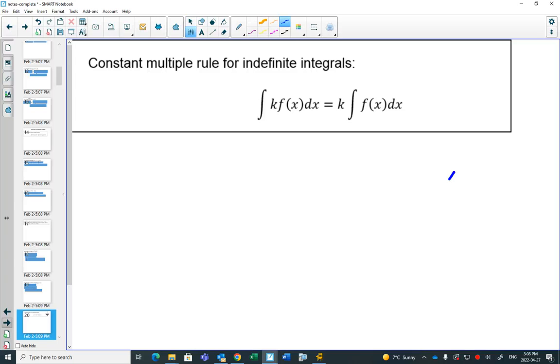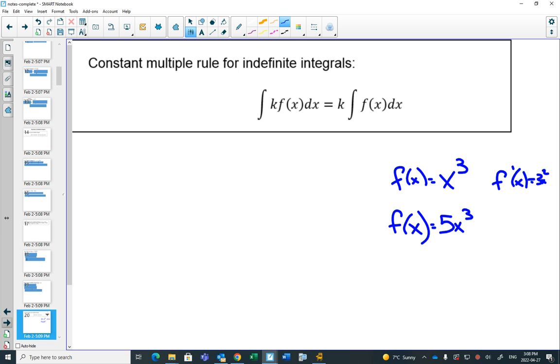If you had x cubed, your derivative was 3x squared. Did it make a difference if you put a 5 out in front? You still had the 3x squared, but now it got multiplied by the 5. We just did it all in one step and wrote 15x squared. But it didn't make a difference that that 5 was there. Same thing happens with integrals.